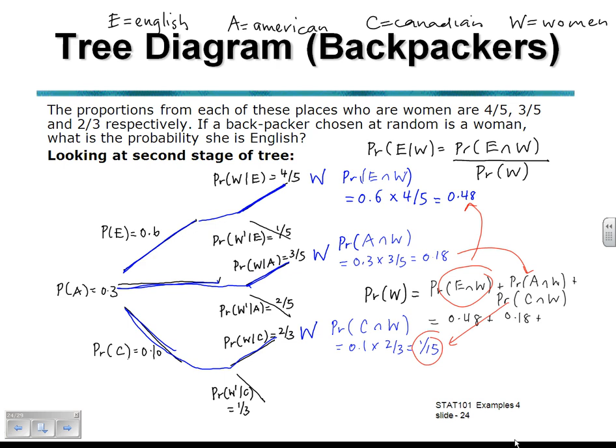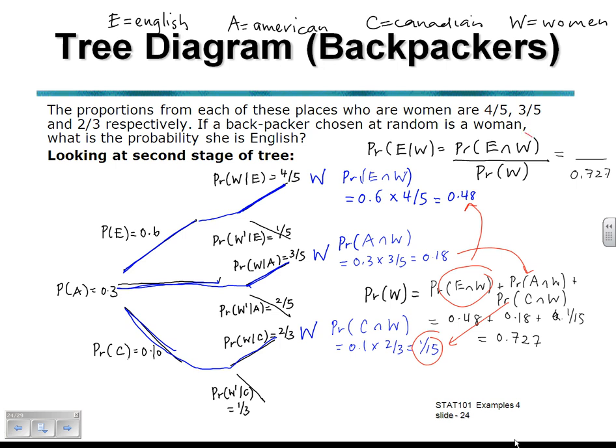Total probability of a woman, 0.727 to 3 decimal places. So these are the steps, just working out the numerator and the denominator of our conditional probability formula.